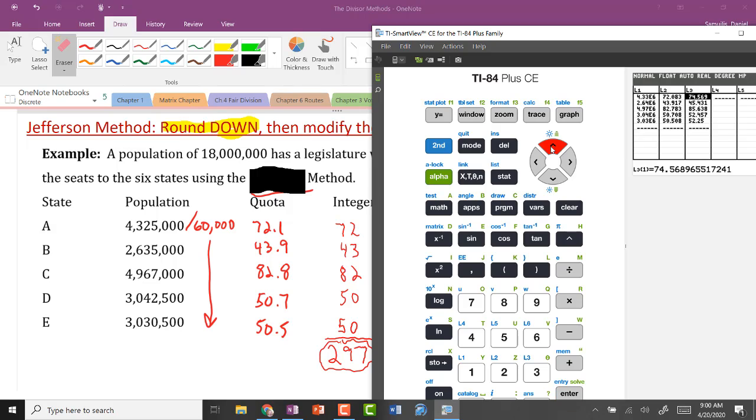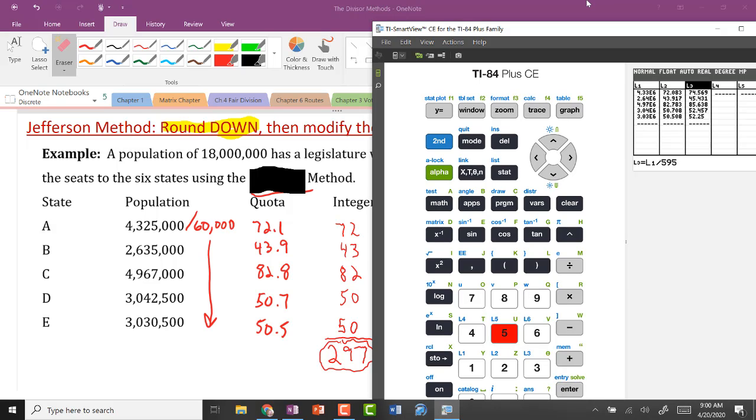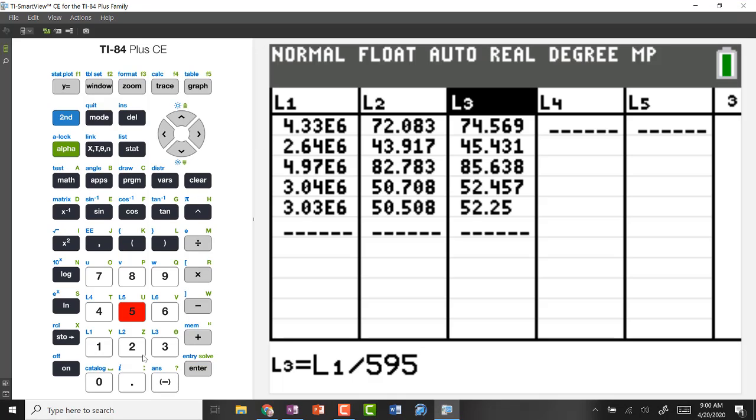I'm going to try L1 divided by 59.5 maybe, because that was just way off. Oh boy. One more. 59,500. Remember the original was 60,000 and I went to 58, and this was just way bad. And I hope you get that was really not good. I don't want to see that anymore.